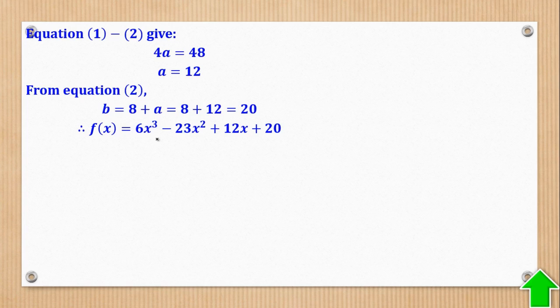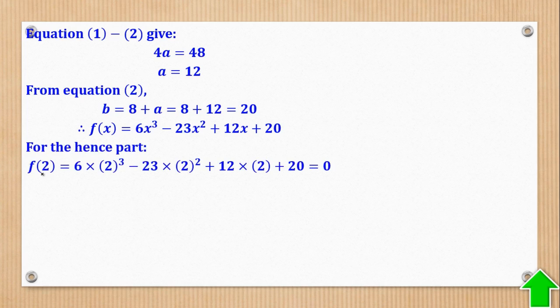Now they told us to factorize. So to factorize, you have to get a factor. And when I substitute 2 in this equation, I get 0, meaning that x minus 2 is a factor. After getting one factor, I can either use long division or the synthetic method.